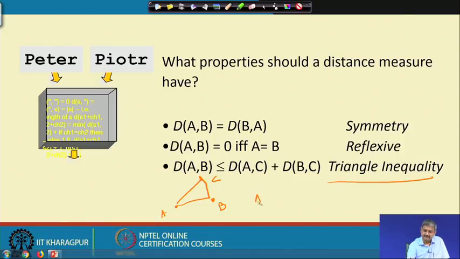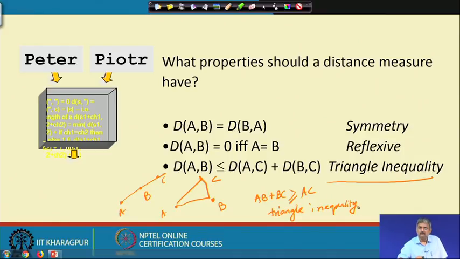So, A B plus B C, in some cases they will be equal if A, B, C are in a straight line. This is the triangle inequality. So, these are the 3 properties you should satisfy.